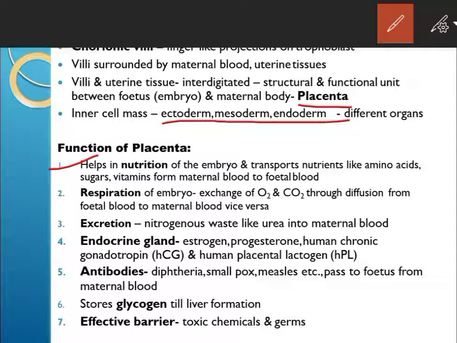It facilitates the supply of oxygen and nutrients to the embryo. It also facilitates the removal of carbon dioxide, water and waste materials which are produced by the fetus.